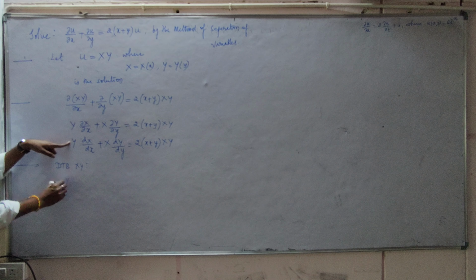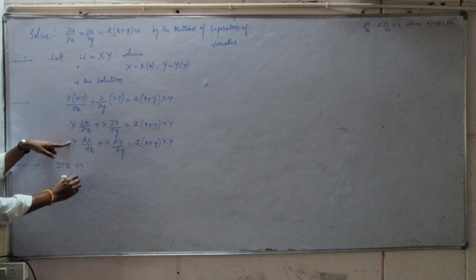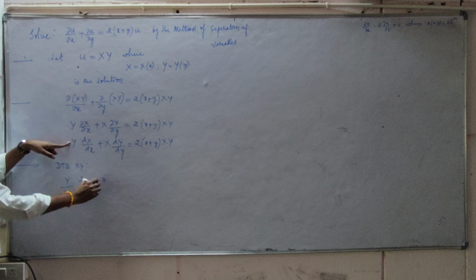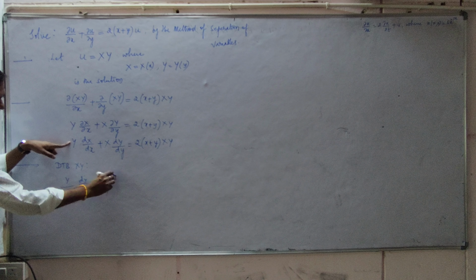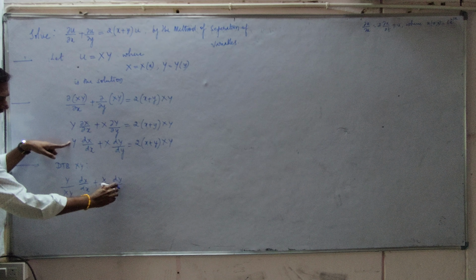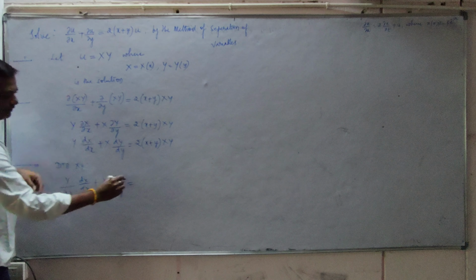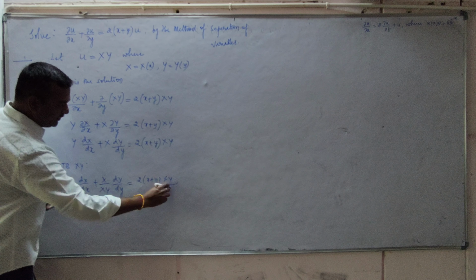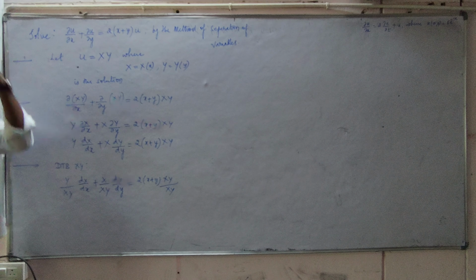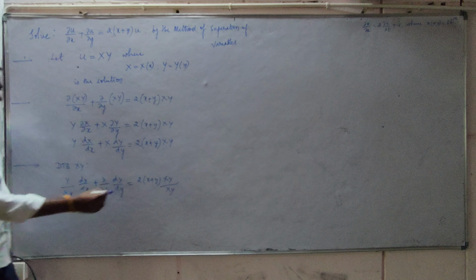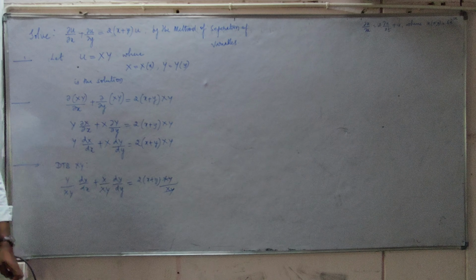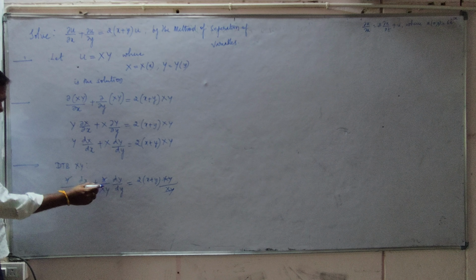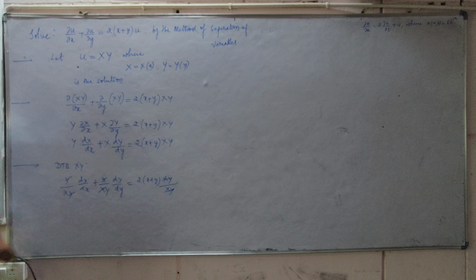This is capital Y times dX by dx, so capital Y cancels, and this is capital X divided by capital X into capital Y into d capital Y divided by d small y, is equal to 2 times x plus y into capital X into capital Y divided by capital X into capital Y. I have divided both sides by capital X into capital Y. On the right side, capital X into capital Y get cancelled. Here Y and Y get cancelled. Capital X gets cancelled.